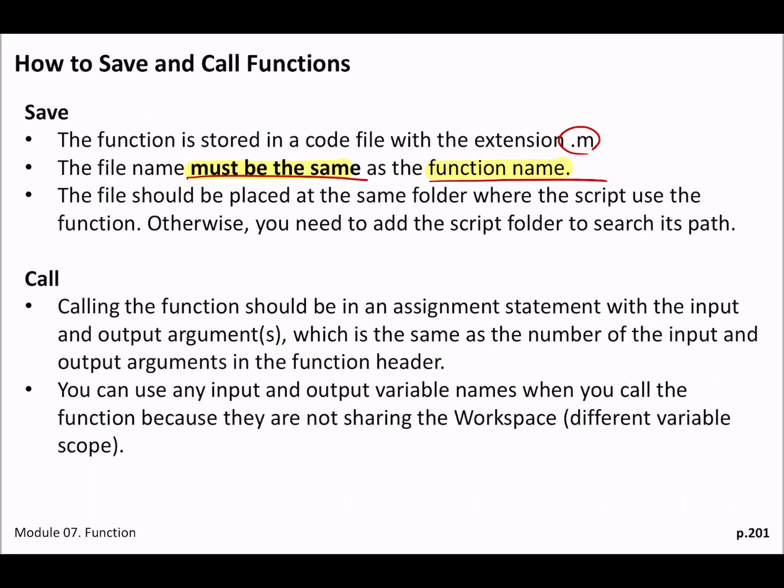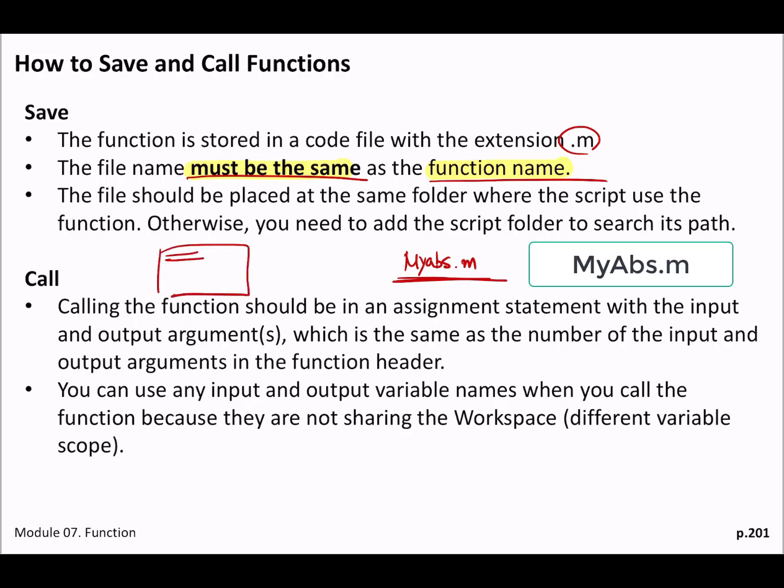The file that contains the function should be placed in the same folder as the script that uses the function. For instance, you make this myabs.m file. When you call this function in your script, output equals myabs of the input value.